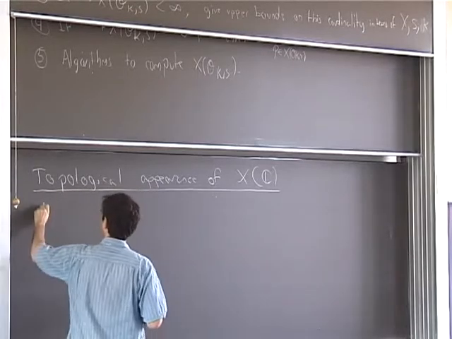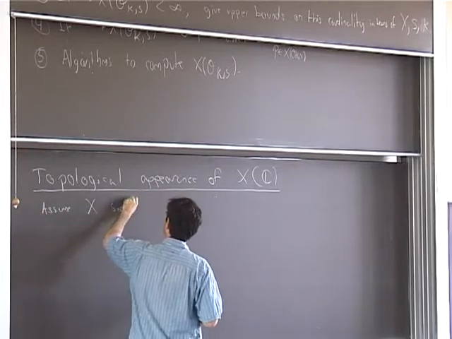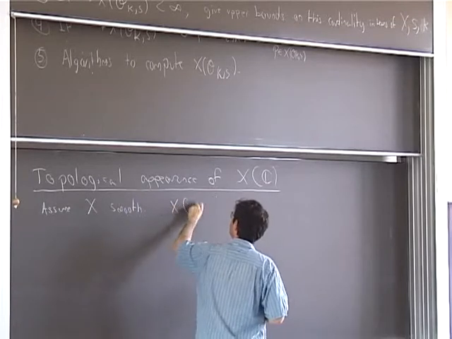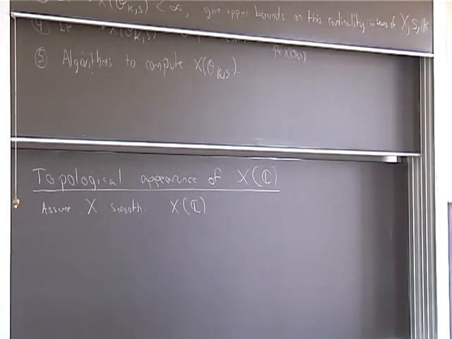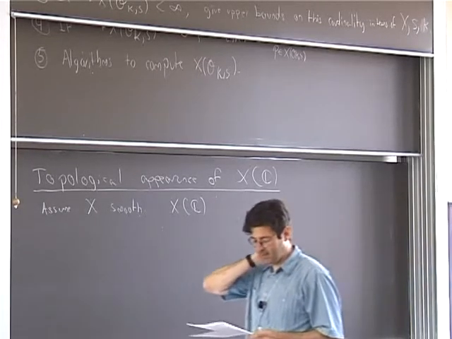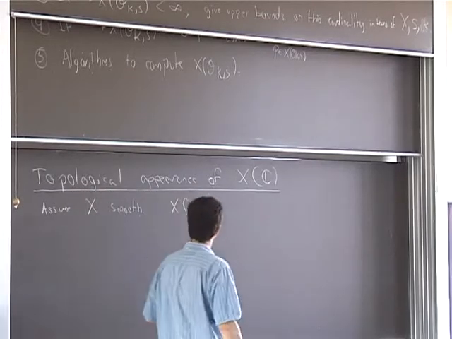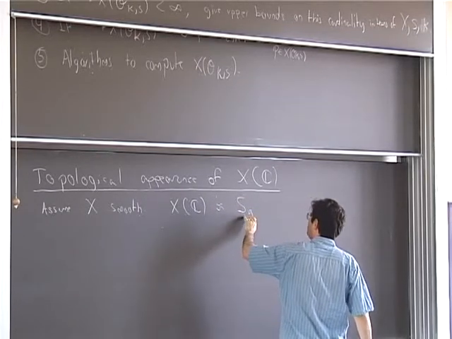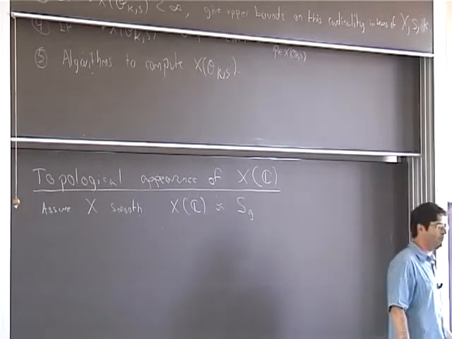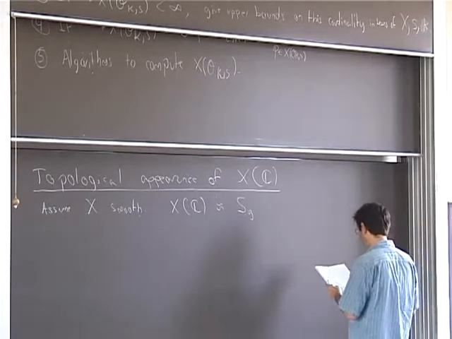So assume that X is smooth, it has no singularities. Then X(C) is smooth, a variety over K. So it has no singularities, and then the set of complex points is identified, at least topologically, also analytically, with some Riemann surface of genus g with a finite number of points removed.